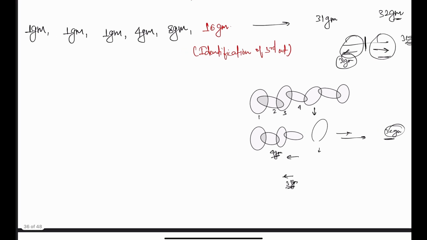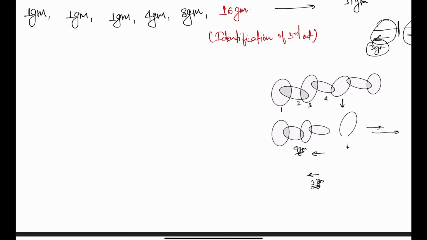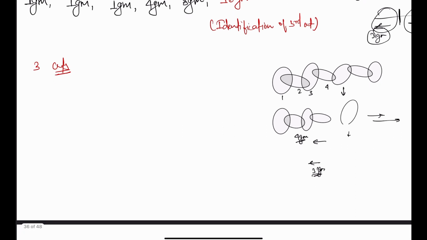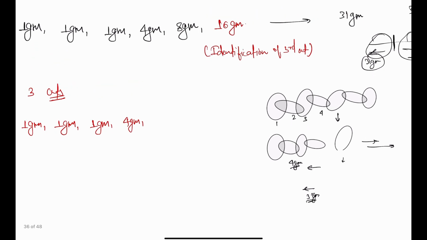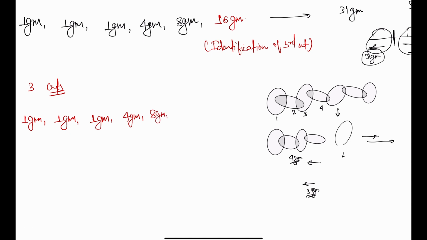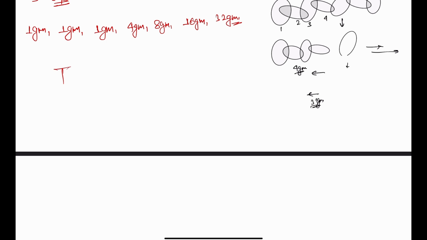So if there are three cuts, then the pieces will be 1 gram, 1 gram, 1 gram, 4 gram, 8 gram, 16 gram, and 32 gram. So the total will be 63 gram, the answer.